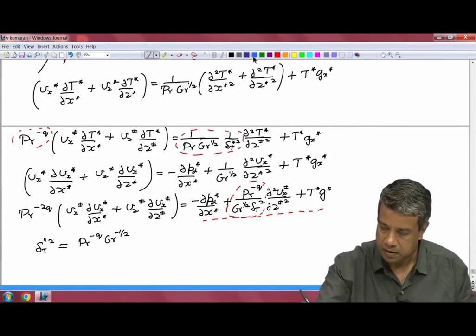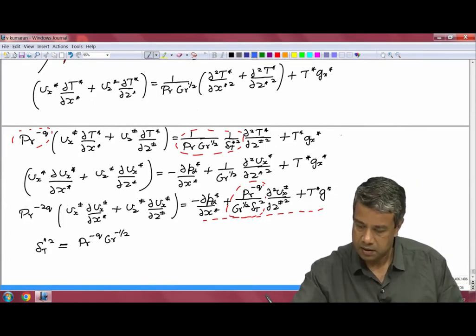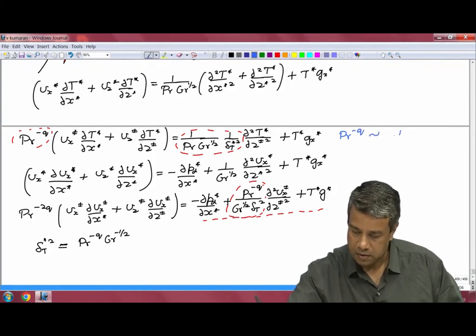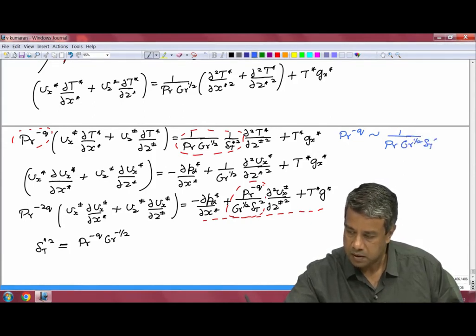So, here I would require that Pr to the power minus Q is 1 by Pr, Gr to the power half, delta T square.